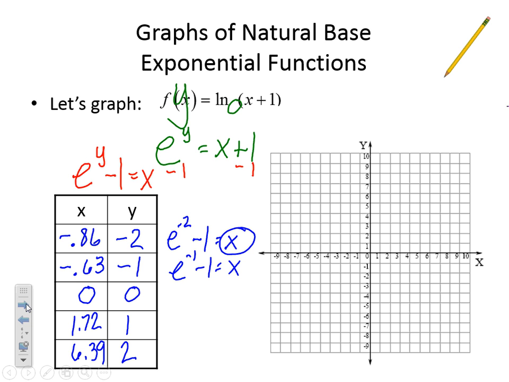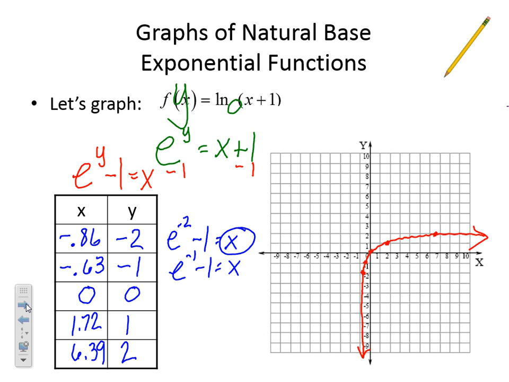So if we make a little picture of what this looks like here, over -0.86 down 2, over -0.63 down 1, 0, 0, 1.72 up 1, and over 6 and a little bit more up 2. There's my graph. Okay, he has the same general shape as all the other log graphs.